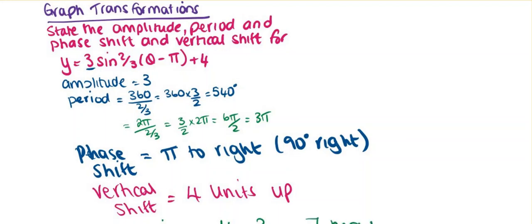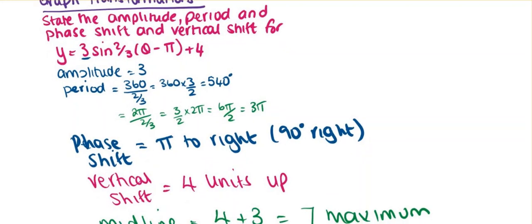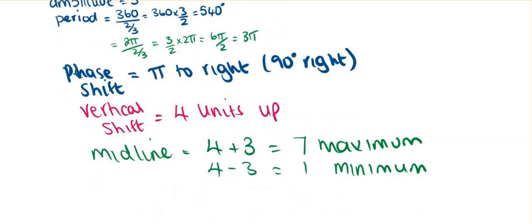This is going to be the maximum for our graph. And then we do 4 minus 3, which is 1. This is going to be the minimum of our graph. So we need to draw the graph.